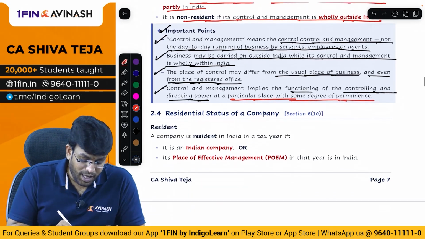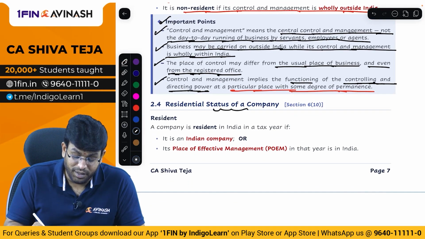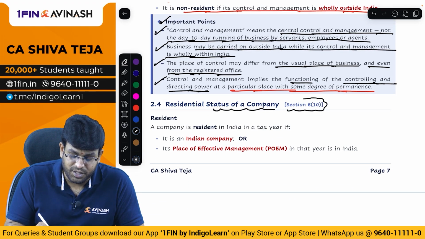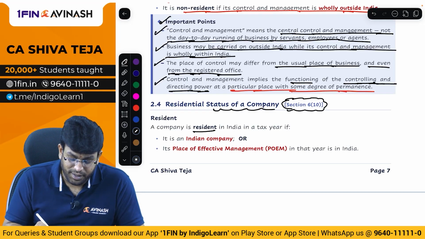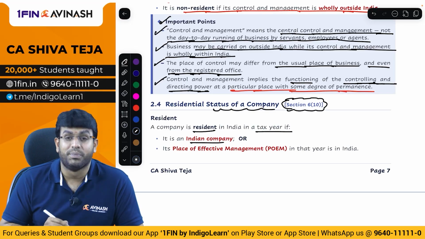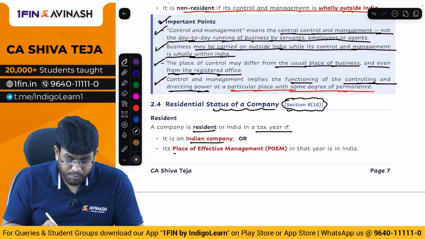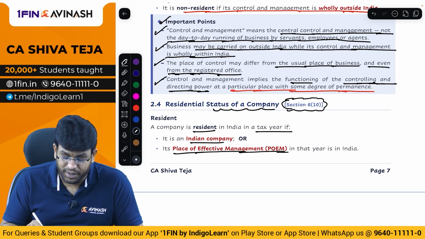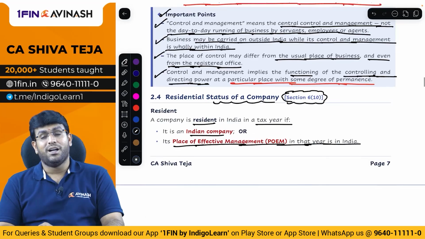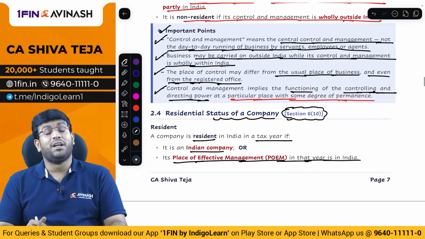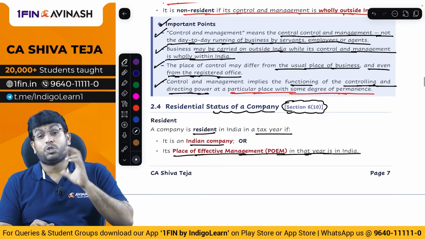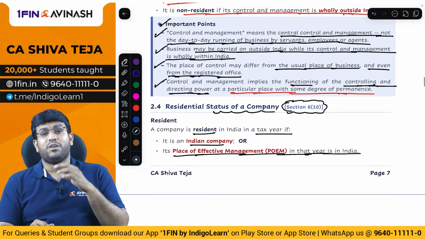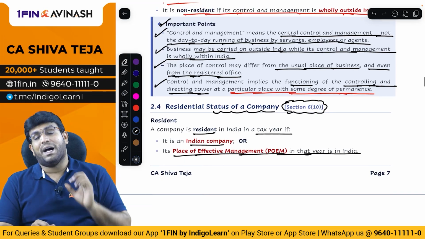Next point. Residential status of company, which is dealt by section 6(3), my dear friends. And what does it talk about? A company is a resident if it is an Indian company or place of effective management in that year is in India. Generally for HUF, firms, LLPs, the words used are control and management, but for company we use the words place of effective management.